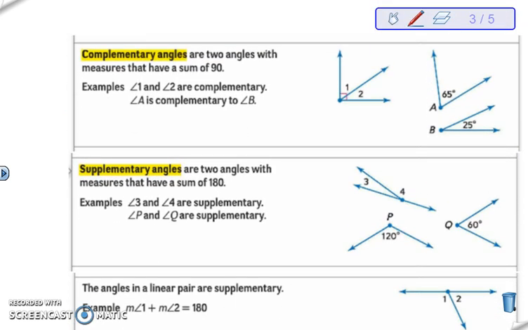Okay, two other terms. Complementary angles and supplementary angles. So if we remember, complementary angles add to 90 degrees. So we can say they add to 90. Supplementary angles add to 180 degrees.